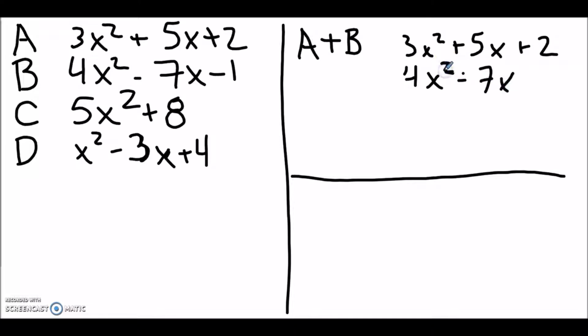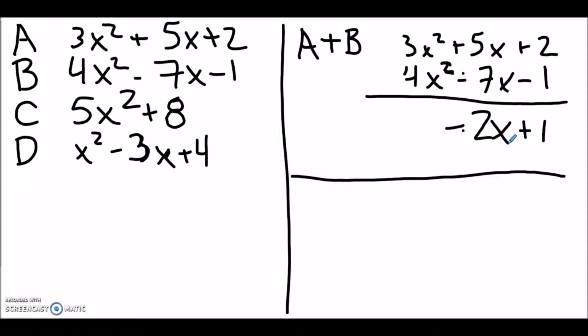And of course my pen sometimes doesn't want to cooperate, but that's okay. Now if I do this vertically, the important thing is that my terms line up. You notice I have my numbers, my x's, and my x squareds vertically aligned. So now I can just say 2 minus 1 is a positive 1. 5x minus 7x is negative 2x. And 3x squared plus 4x squared is 7x squared.